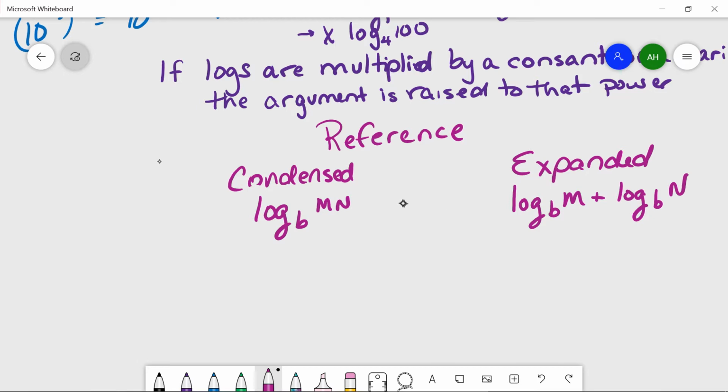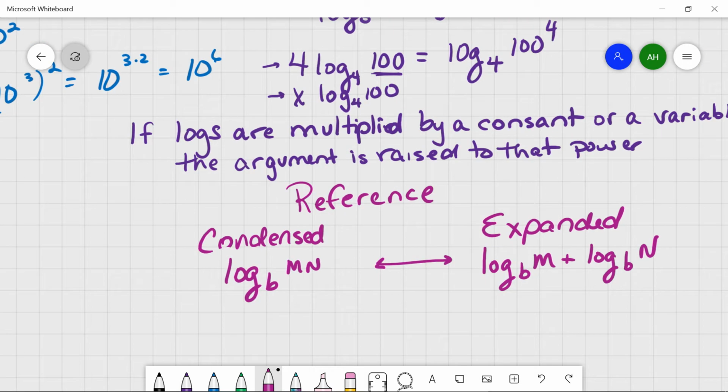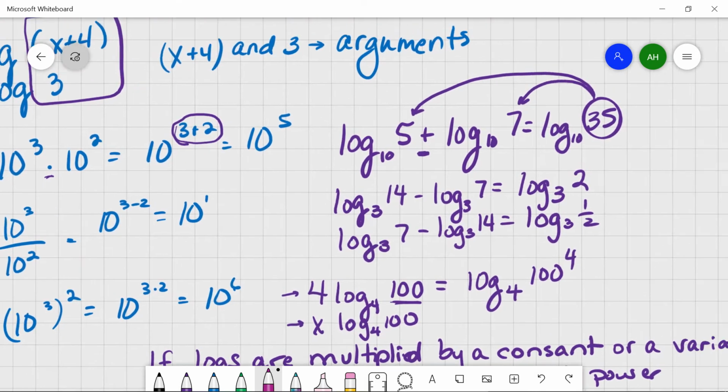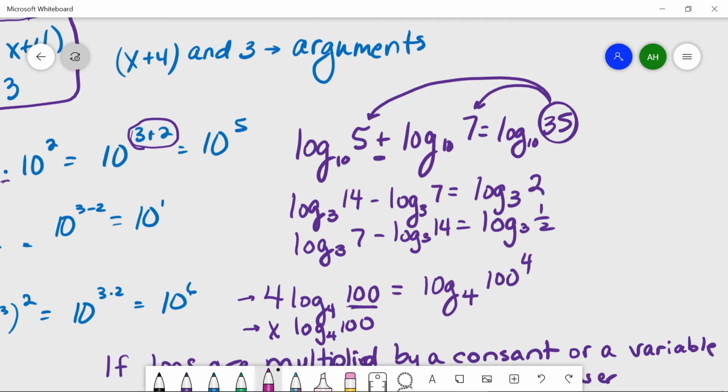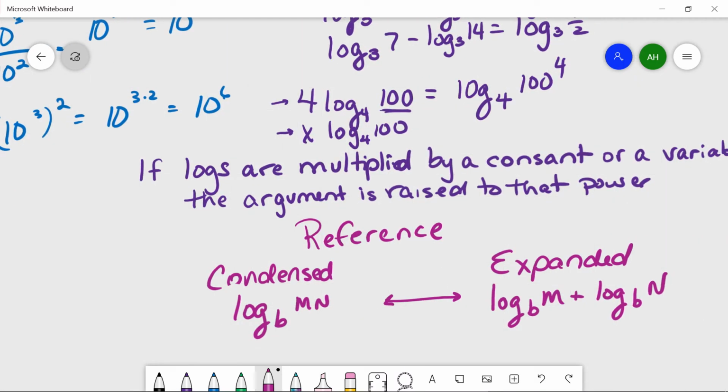All right, and this can go either way. In the example I showed you a minute ago, we started with the expanded version. If I have these two logs right here and they're being added together, I then just multiply what I'm taking the log of.